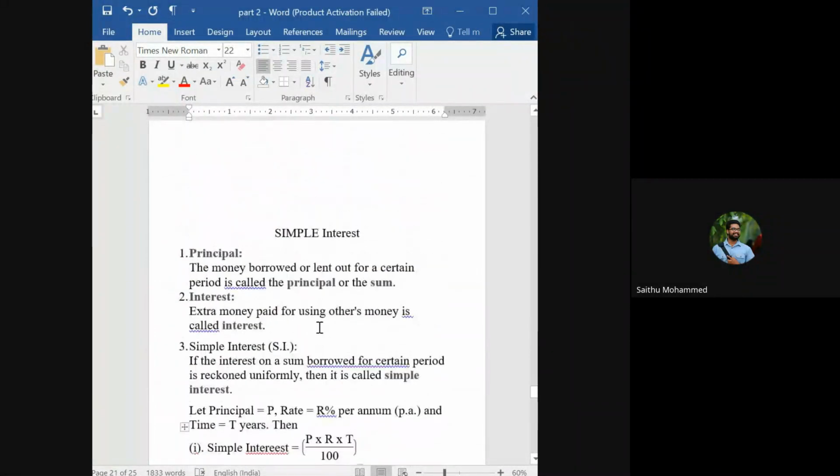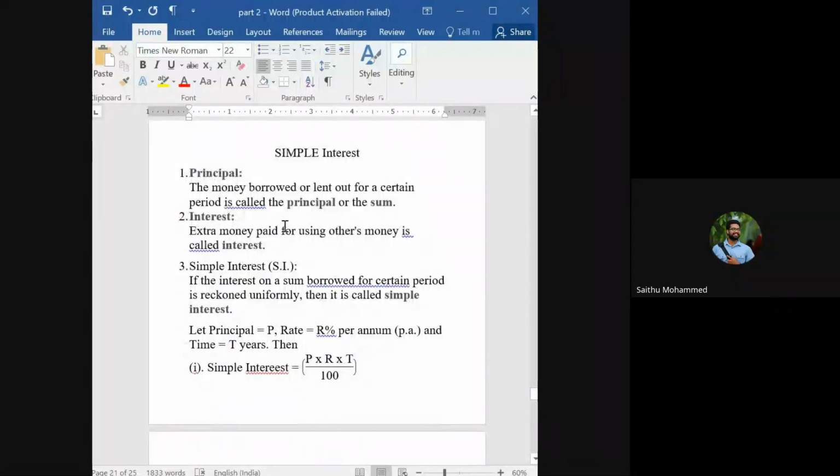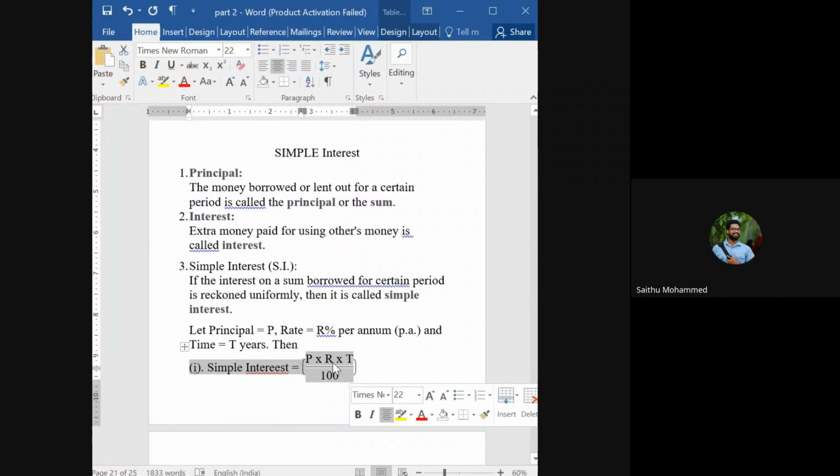Okay, now coming to simple interest, there are certain things that we need to know regarding simple interest. Most of the things you will be knowing. In simple interest, we have this equation mainly, which is PRT divided by 100. Some people use N instead of R. All are the same concept only.